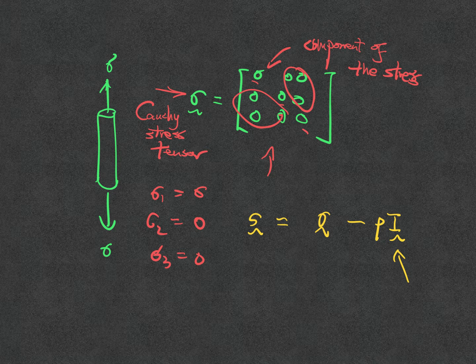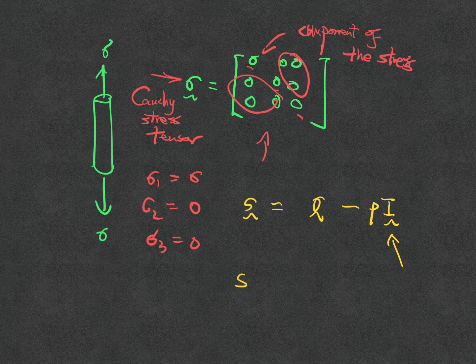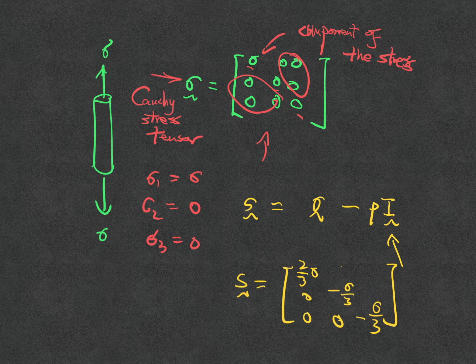Now, go back to this. What is the S? That would simply equal 2 divided by 3 sigma, minus sigma divided by 3, minus sigma divided by 3, 0, 0, 0, 0, 0, 0. Can you all see that?